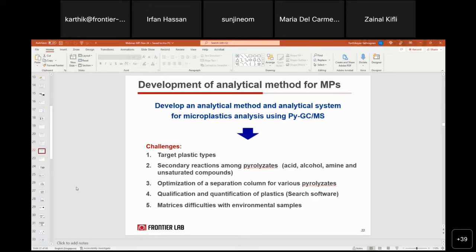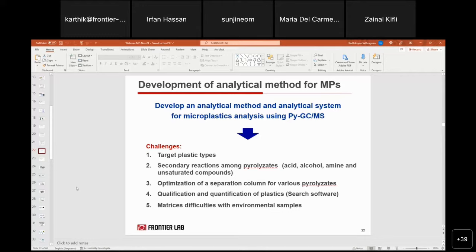Okay, so these pyrolysates during the travel from the furnace to the column can lead to some secondary reaction, because of which you may miss out some of the polymer information, the microplastic information. And since it has multiple pyrolysates, separation also can become a challenge. So these are the things that we have looked to address and see how we can improve.